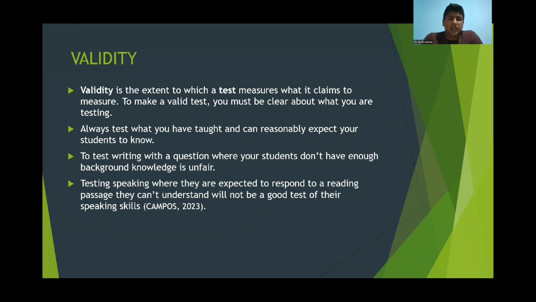Okay, about validity. Validity is the extent to which a test measures what it claims to measure. To make a valid test, you must be clear about what you are testing.